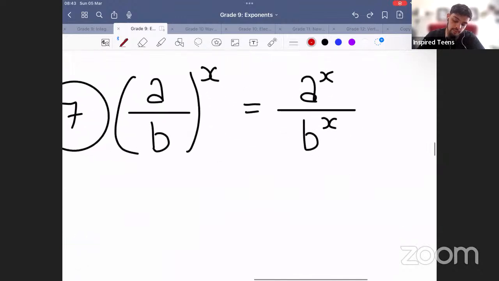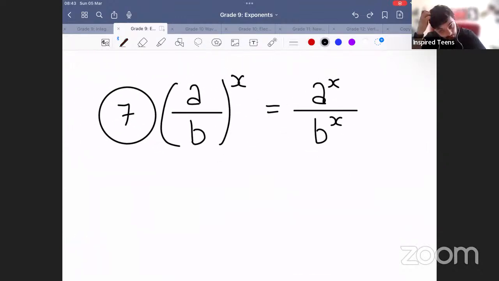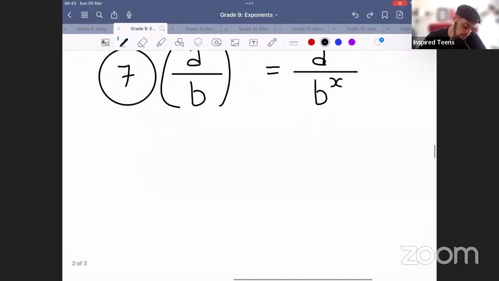Let's look at the last one. If I have a fraction, the whole fraction to a power, I can simply distribute that power to each term in the numerator and denominator respectively. So the backwards way of this is easy. If you have, let's just say, 49 over 25, this could be written as 7 squared over 5 squared.